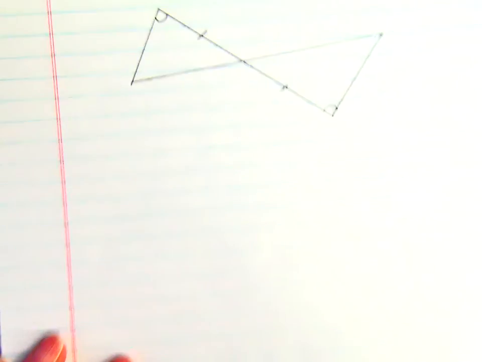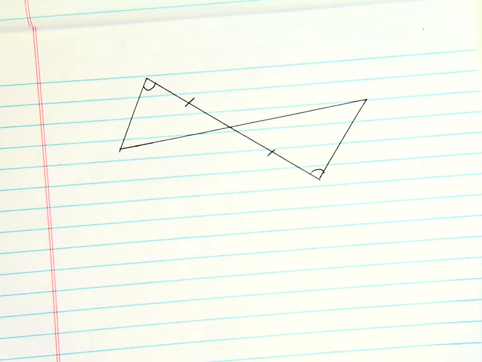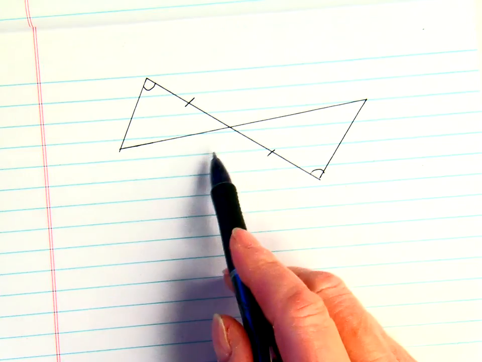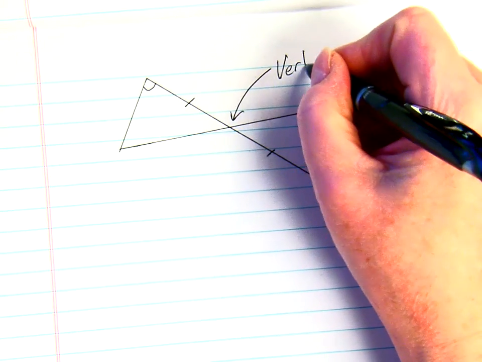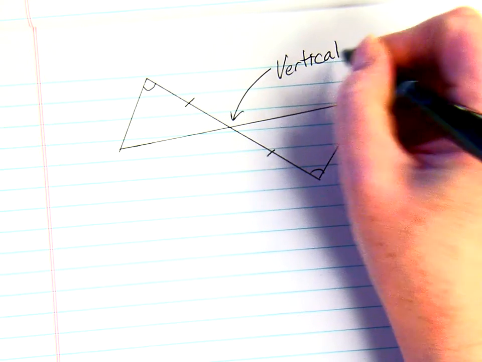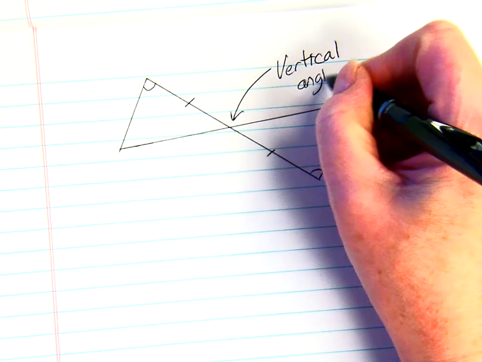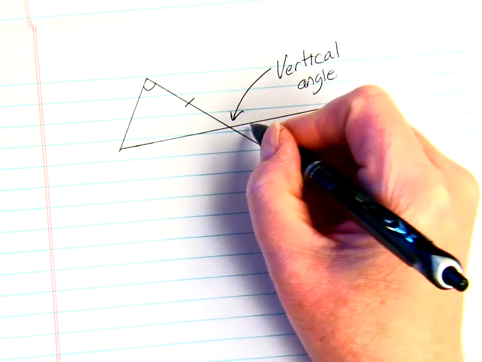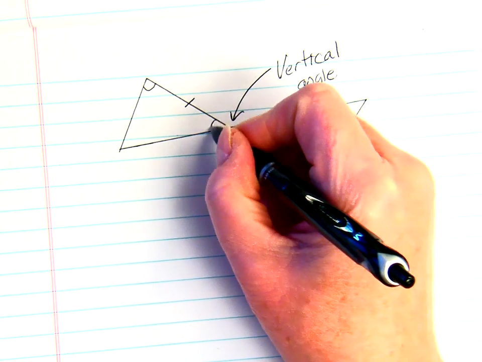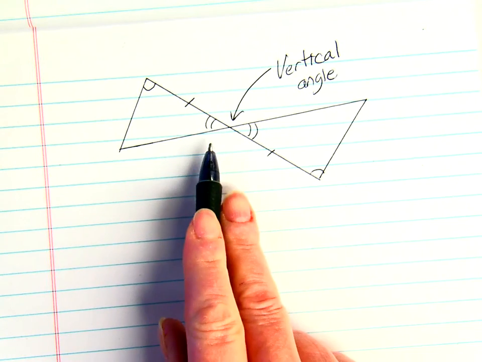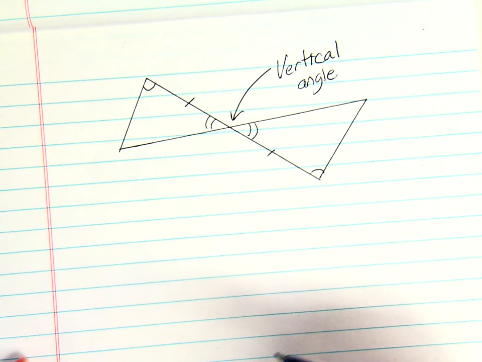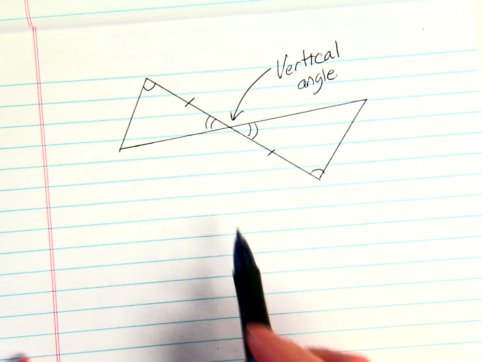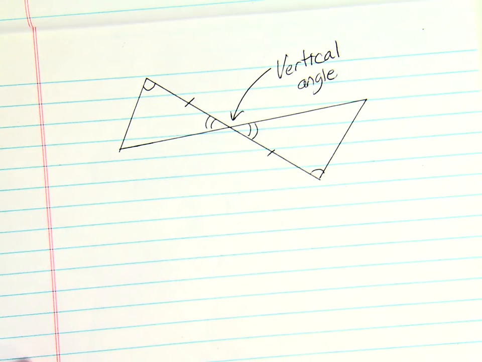Oops, you can't even see that. And what you have to remember is this right here, this is that vertical angle. So this angle has to be congruent to that angle because these are vertical angles. So vertical angles are congruent. They might not mark these, but you would have to know that.